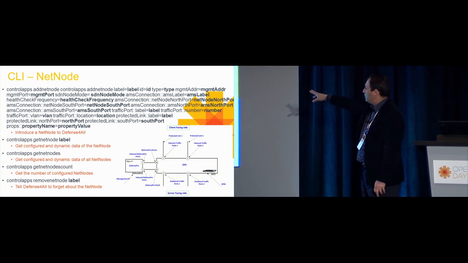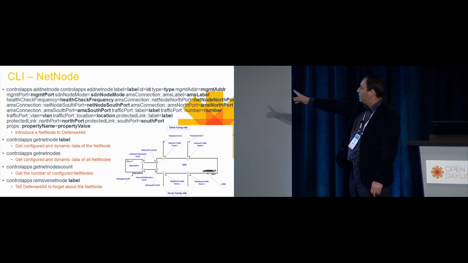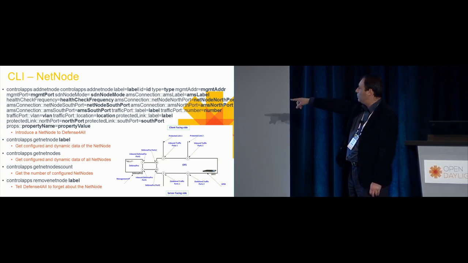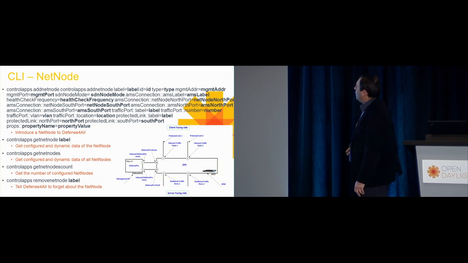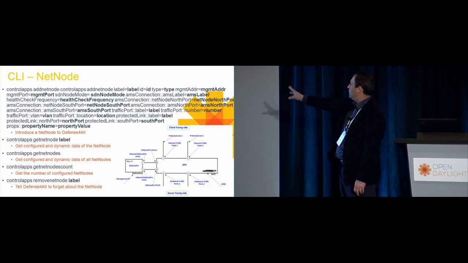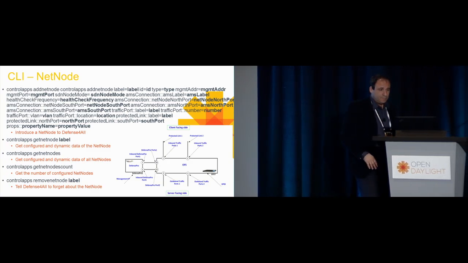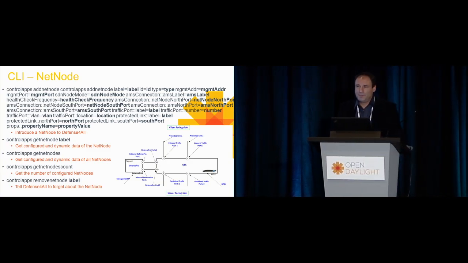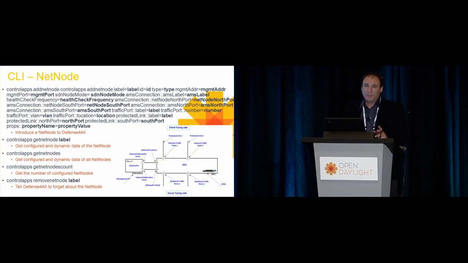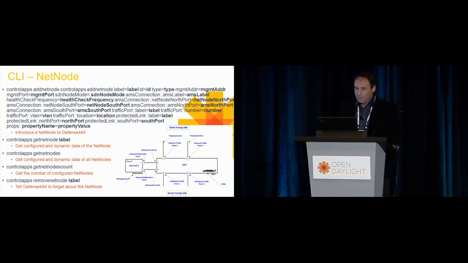The AMS connection is basically the name of the mitigation device and four connecting ports. In this example, 1, 2, 10, 11. Okay, and you have to specify north and south ports and protected links, and you're done. Okay, it's a bit complex, but you use one example and it becomes easy. And we have some examples in the wiki.